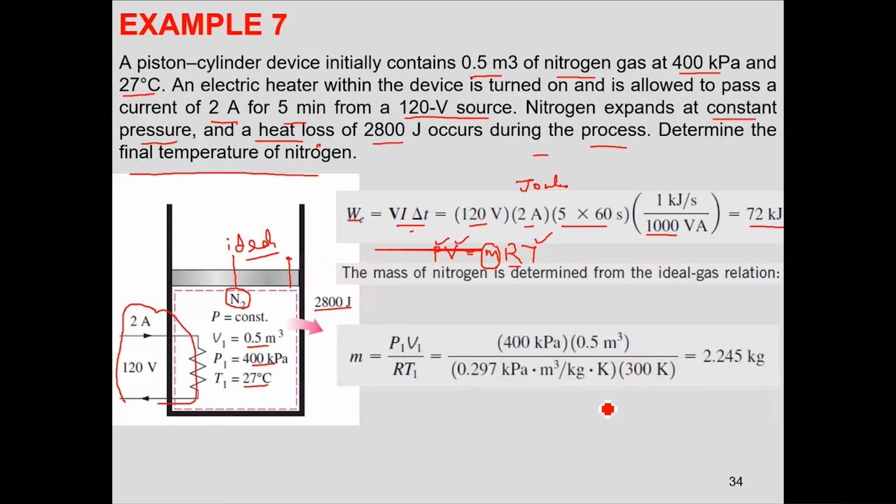This is the pressure given to you in kilopascal. The volume is known to you. The R, which is the gas constant, can be found from the tables at the back of the book for nitrogen. And temperature is known to you. You have to plug in the temperature value in Kelvin. This would give you the total mass of your system. Is it clear?